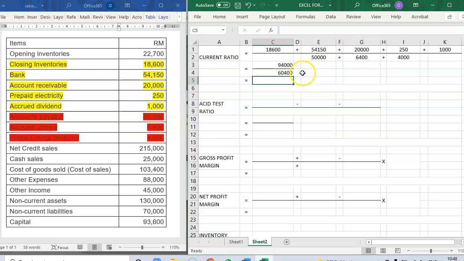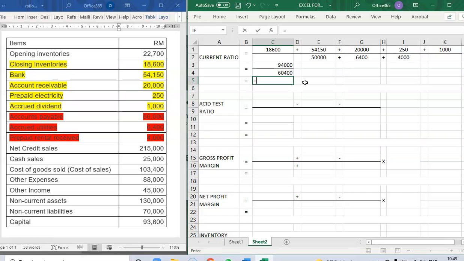Okay, that is the amount. The total current asset is 94,000, and the current liabilities are 64,000.